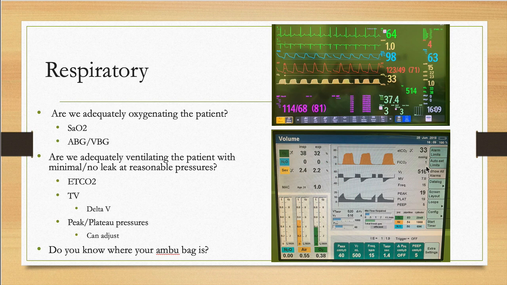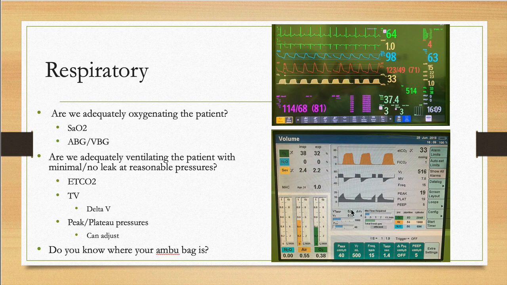Moving down, I look at the tidal volume and I compare it to the set tidal volume, and it helps me determine if I'm delivering the set tidal volume without a significant leak. And in this machine, there's this little thing called delta V. When the ventilator delivers a breath, the machine will then measure the breath that it gets back during exhalation and will compare the two.